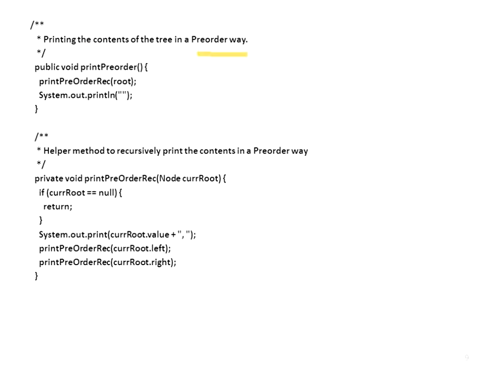Similarly, if we want to print the contents in pre-order, what do we have in pre-order traversal? What happens in pre-order? Which one is visited first?